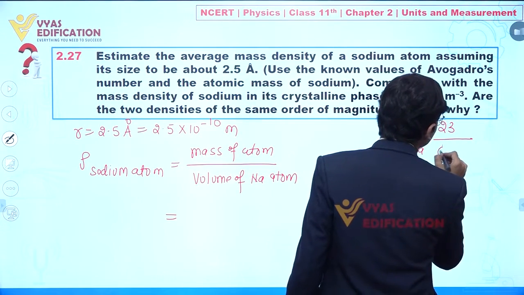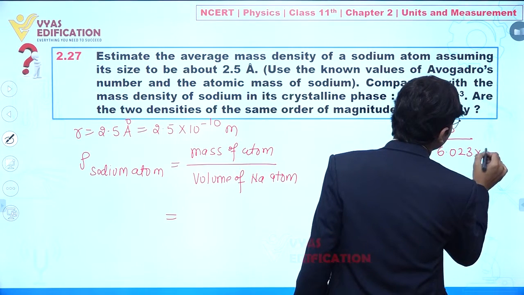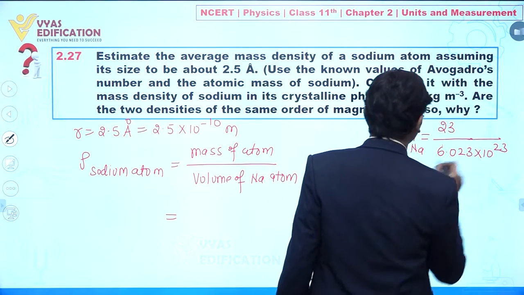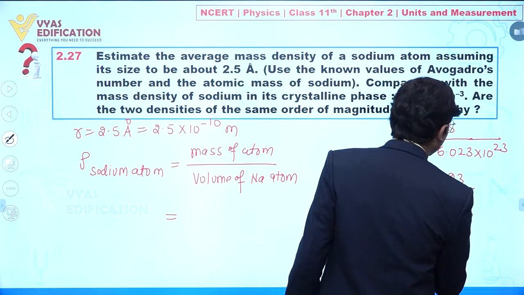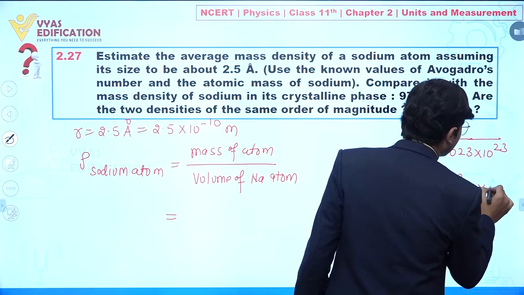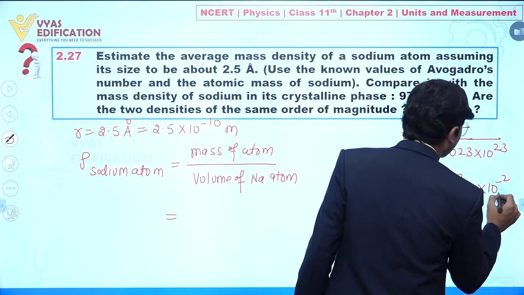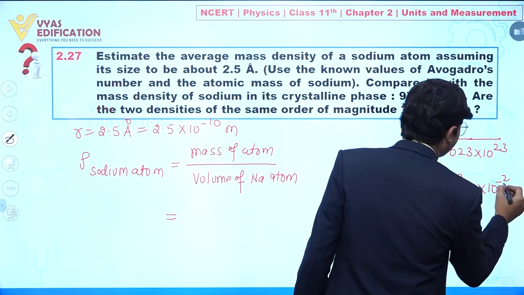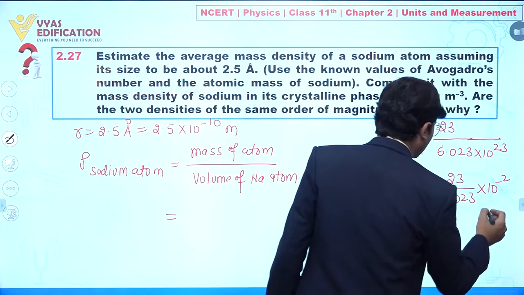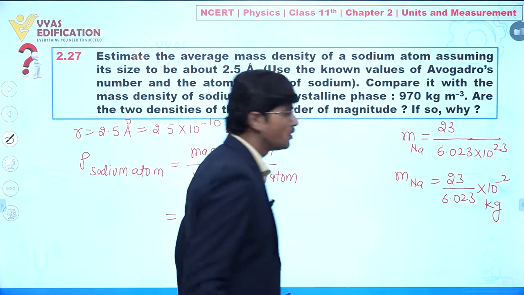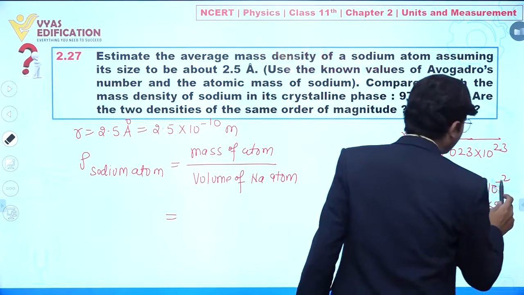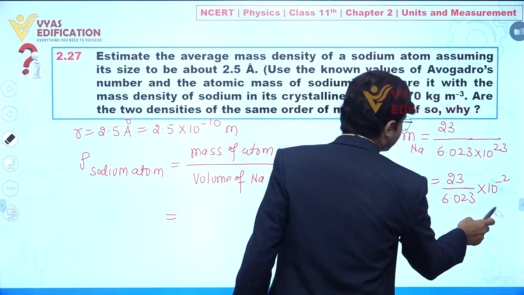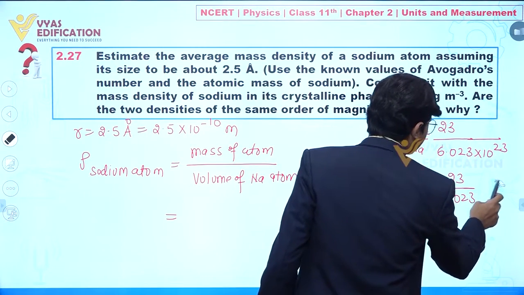Avogadro number means 6.023 into 10 to the power 23. So the mass of a sodium atom is given by 23 divided by 6.023 into 10 to the power 23, in kilogram. Clear to everyone?